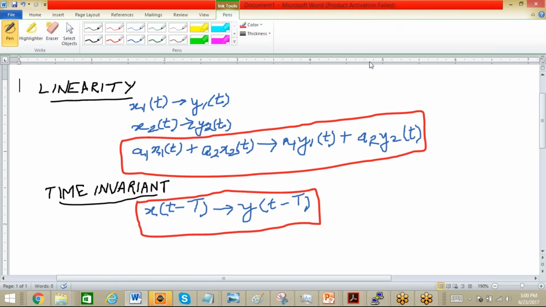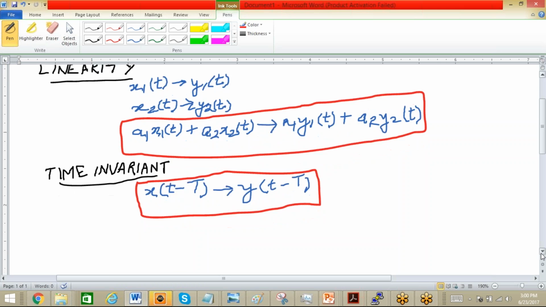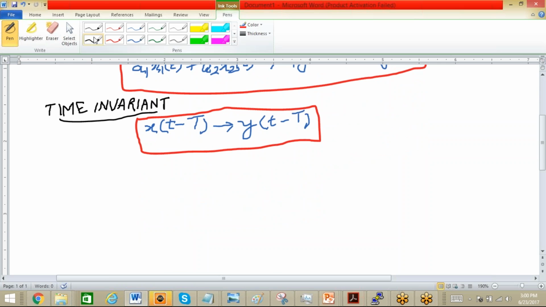It is something like this. Let's say you have some system, and for example, we have the impulse response, and the input signal is x(t).